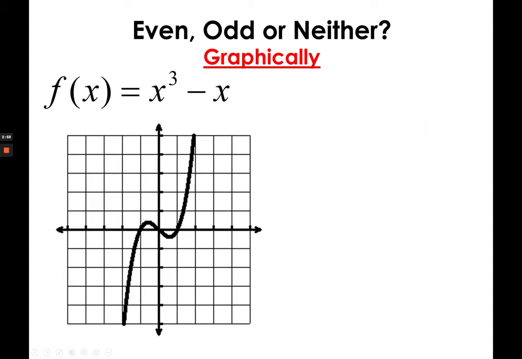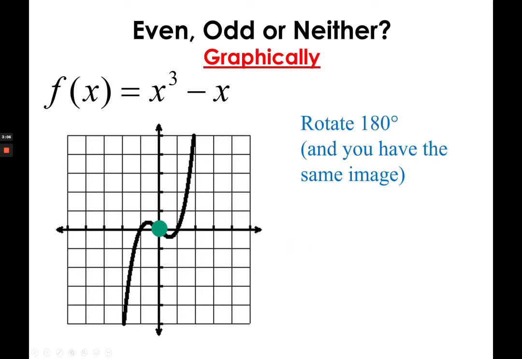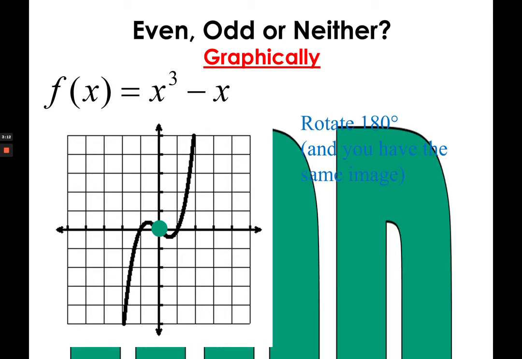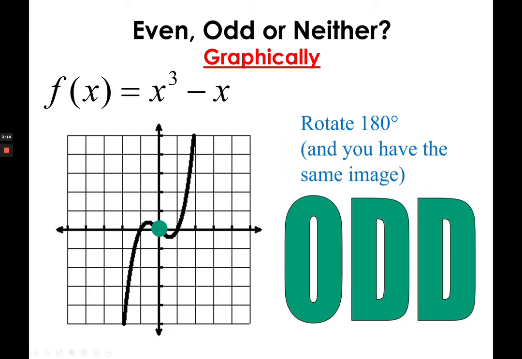Next, looking at the graph, if you put a point over the origin and when you rotate it you have the same image, then it is an odd function.